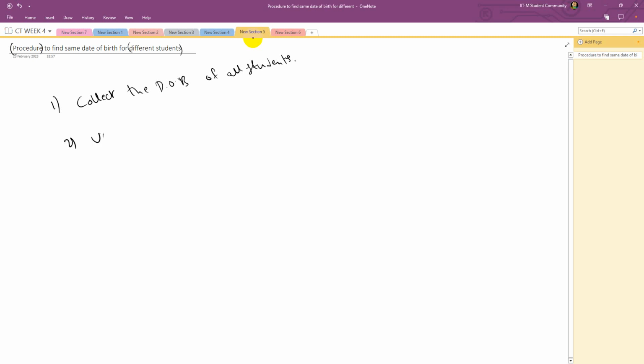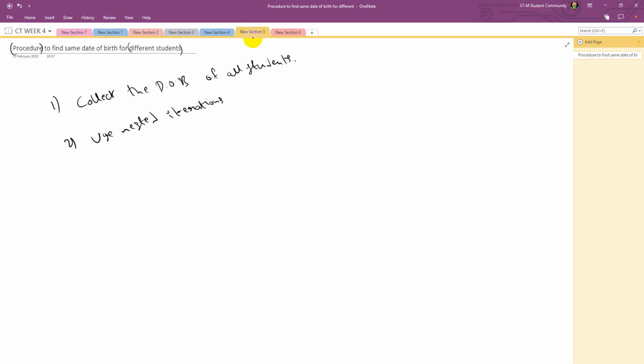And we use nested iterations. We use nested iterations to compare each and every student's date of birth with all the other dates of birth by using nested loops, or by using the naive process, which takes time actually, or by creating bins.